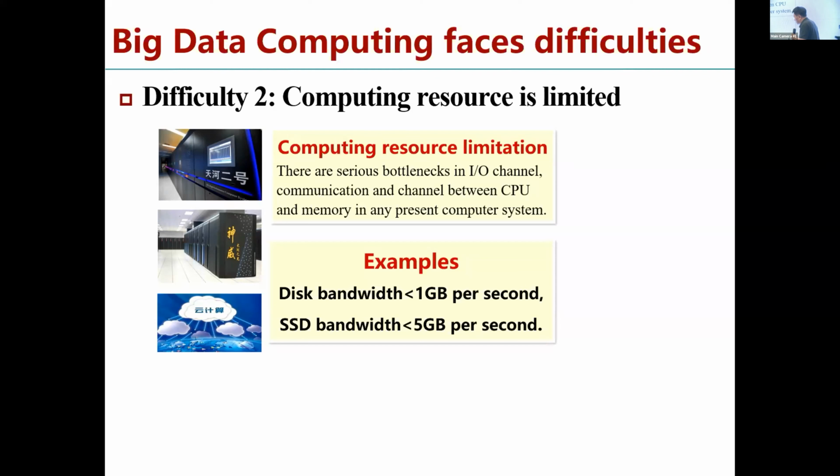For example, the general disk bandwidth is small, 1 GB per second, and SSD bandwidth is smaller than 5 GB per second. What happened?